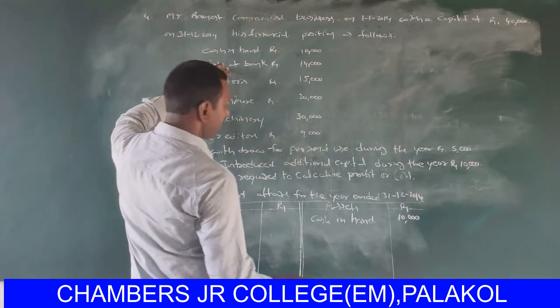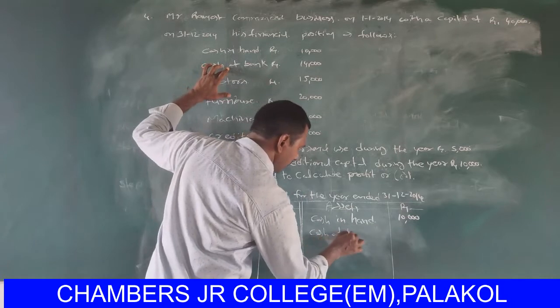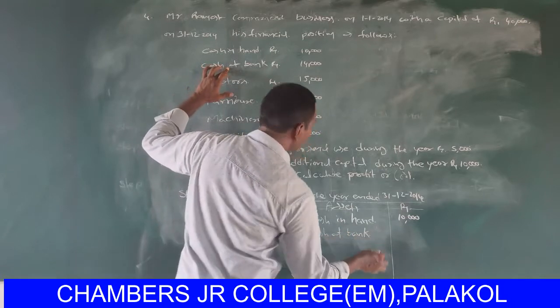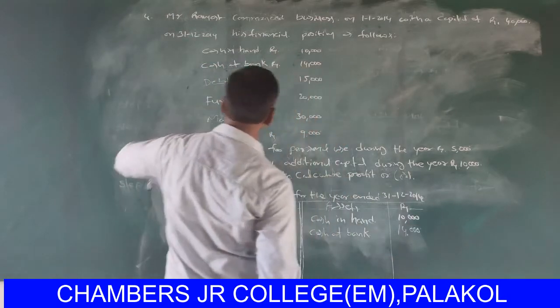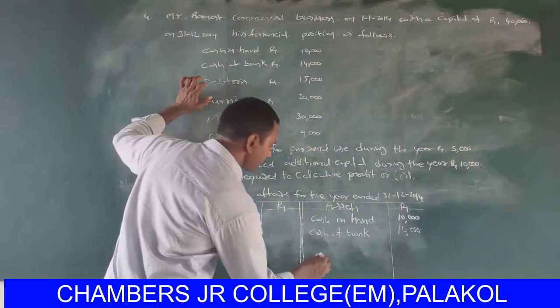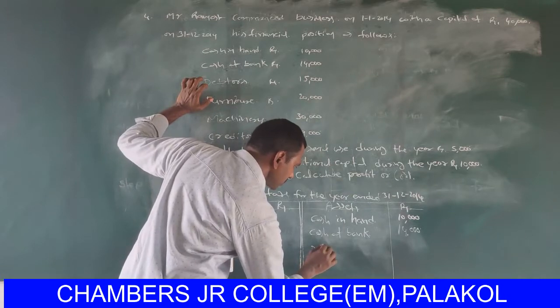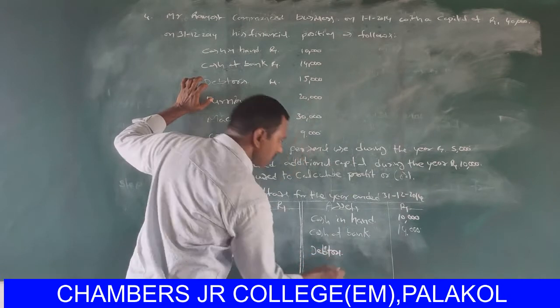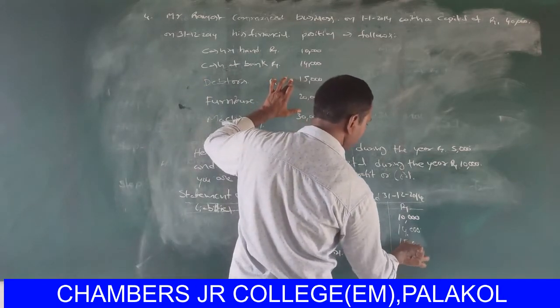And cash at bank, this is also an asset: rupees 14,000. Debtors, also an asset: rupees 15,000.